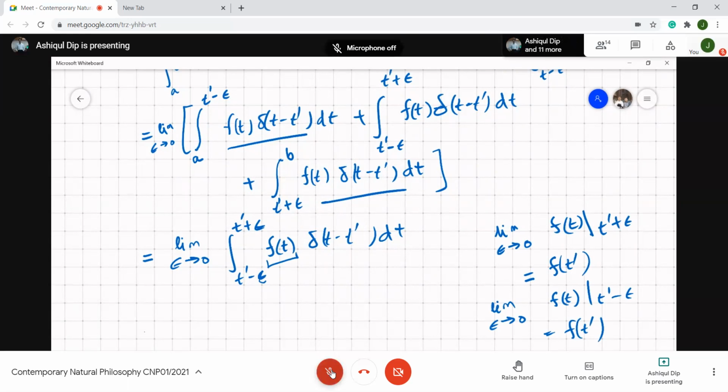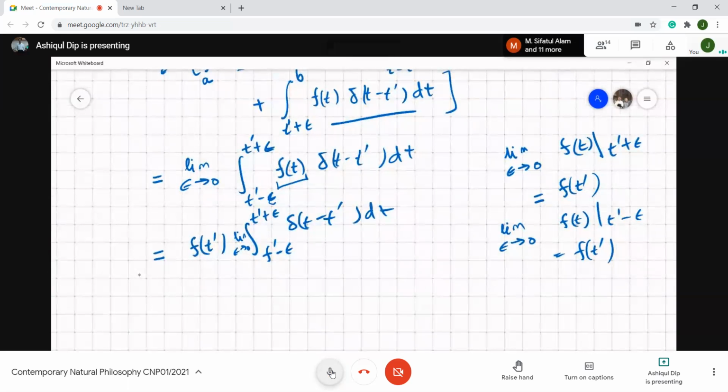So we can take this thing out of the integration, and we can write f(t′) multiplied by the integral from t′ − epsilon to t′ + epsilon of delta(t − t′) dt. What's the result of this integration now?